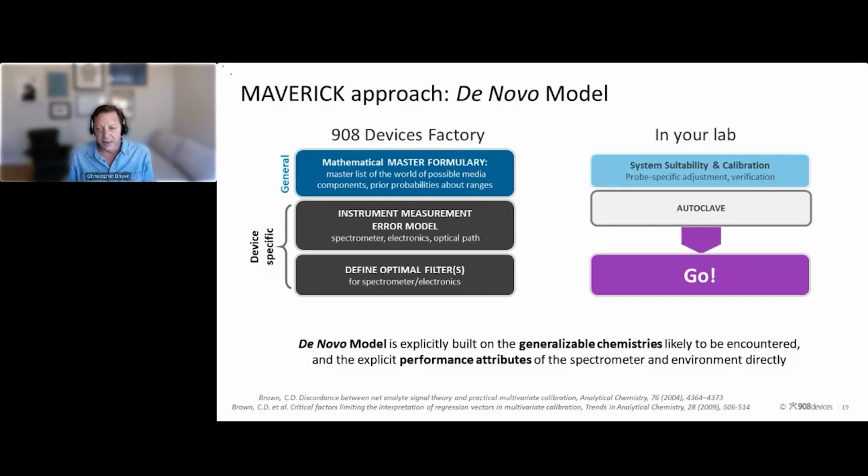And that allows each device to know exactly what the integrity of its data is, what the characteristics of its optical collection are. And the final piece is an optical filter for that spectrometer. So based on the measurement error model and the attributes that we're chasing, based on the master formulary, an optimal filter is defined, and that's different on every instrument. And that's really carved around the spectrometer and the electronics. So we can do that for every Maverick we ship.